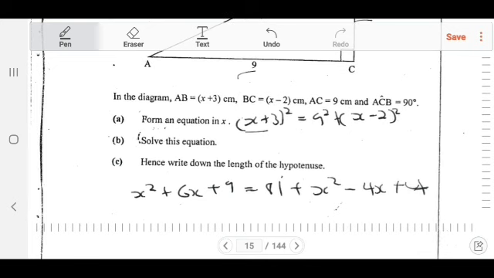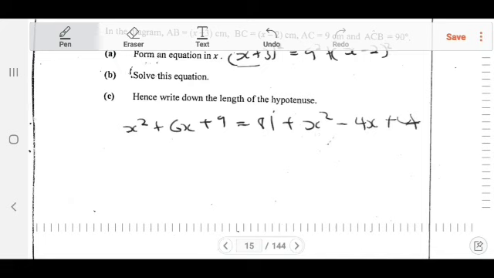So these ones will cancel each other. Then taking this one and bringing it to this side, we're going to get 10x equals 81 plus 4, which is 85. 85 minus 9 is going to give us 76.